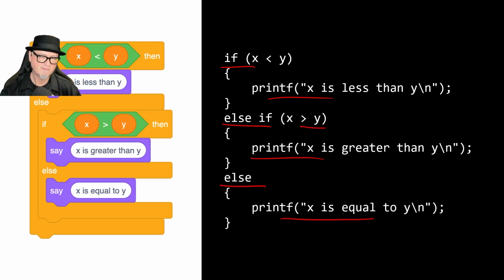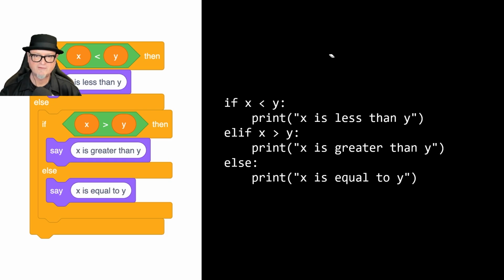Again, a lot of people become used to it and then just like it, myself included. To implement the else if, we use a single word, elif, E-L-I-F. So we have the initial if, the output, the elif, print, and then the final else.